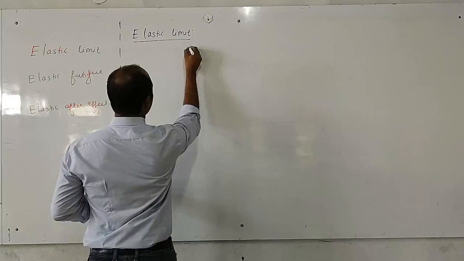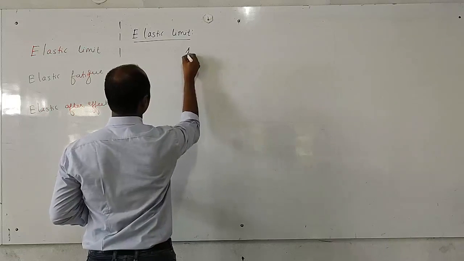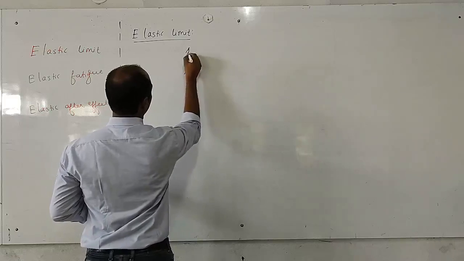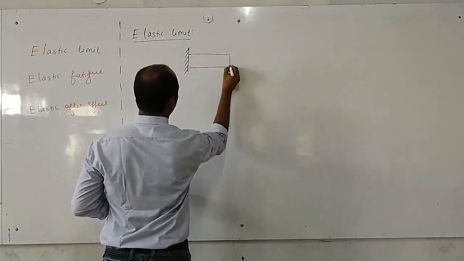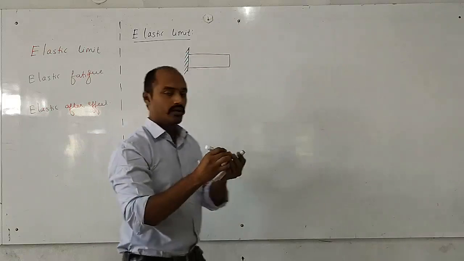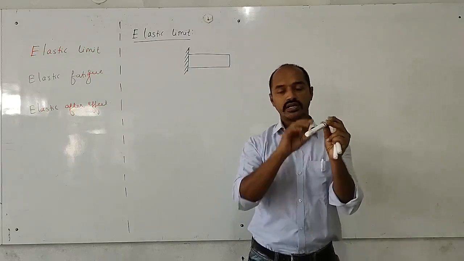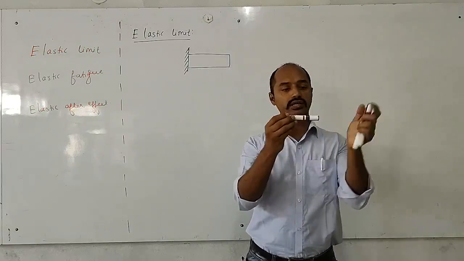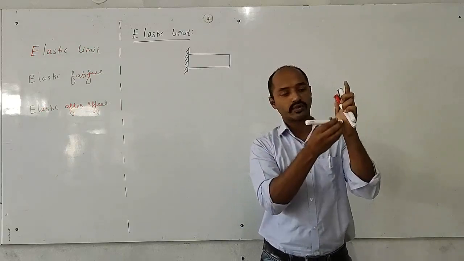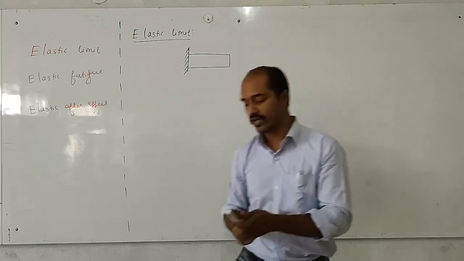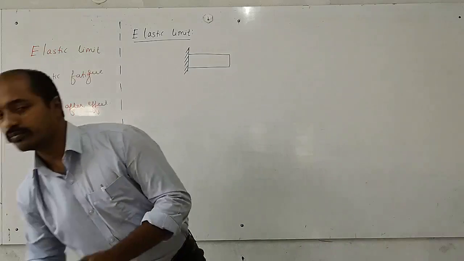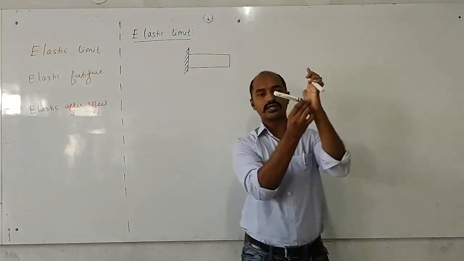What I will do is I take a material, one rod, a metallic rod, like this. We will assume it is a metallic rod and it is fixed at a certain surface. One surface is fixed.